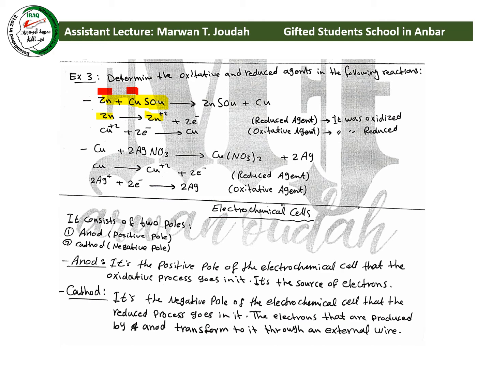However, if it was the opposite, like with the copper here, the copper was plus 2. How did we know it was plus 2? Because it was bound to the SO4. The SO4 has an oxidation number of minus 2, and the copper must be plus 2 in order to be balanced. However, the Zn was a free element.